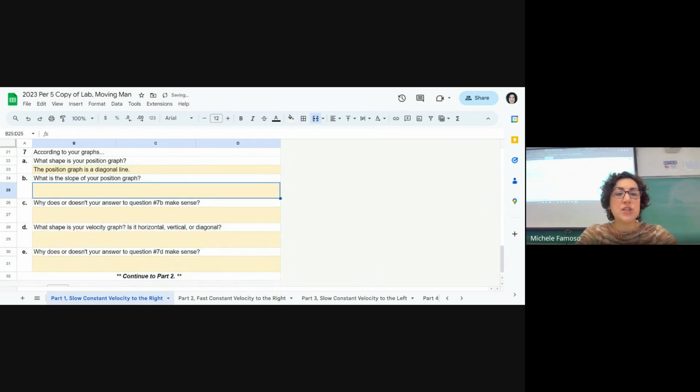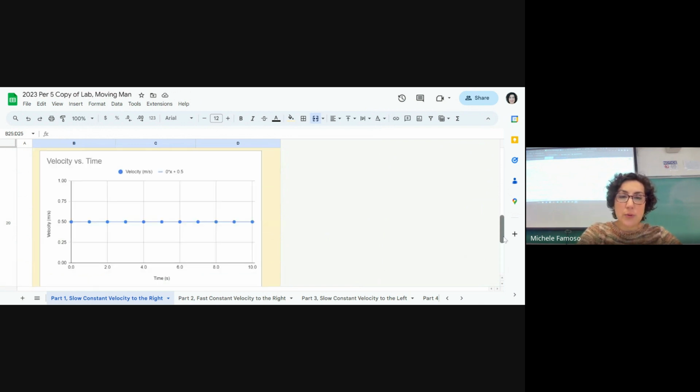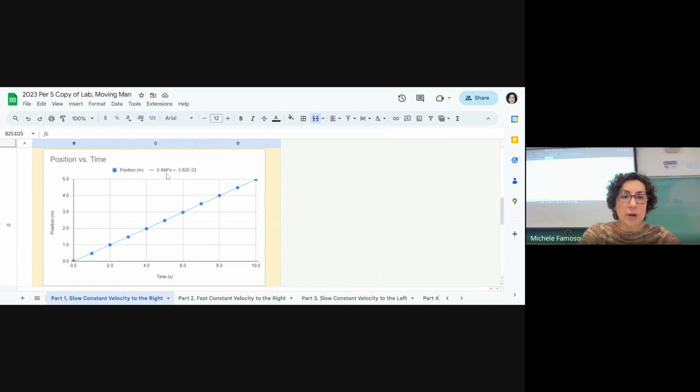Now, what is the slope of our position graph? So the slope, remember, is the value in front of the x, and we can approximate it, round it out to 1 decimal place. What is that slope? About 0.5. Now, what units does this slope have?